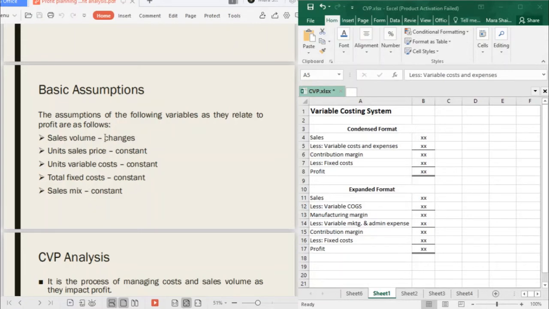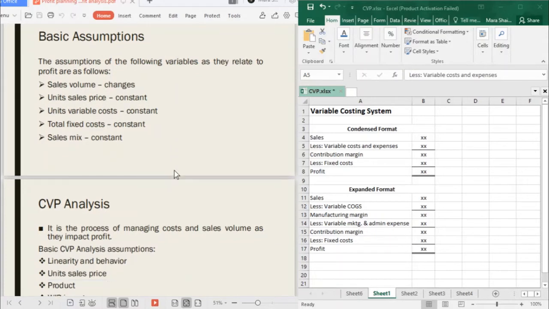Only the sales volume changes. So the sales volume will vary, either per month or per period, it depends on the company. Now, as I mentioned, since these are just for planning purposes, all other factors are considered as constant.